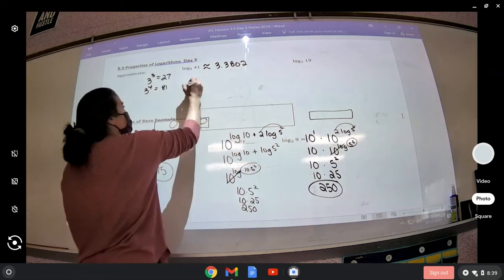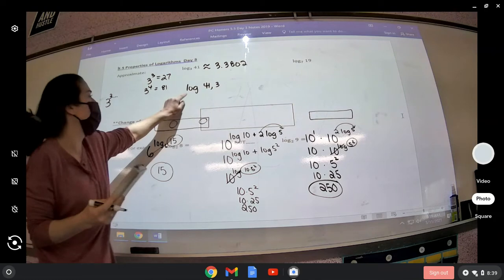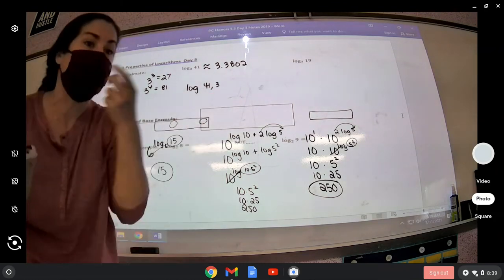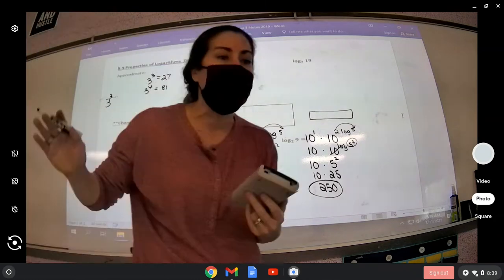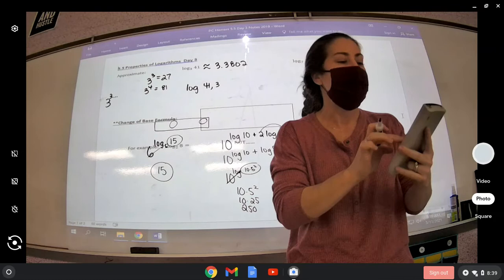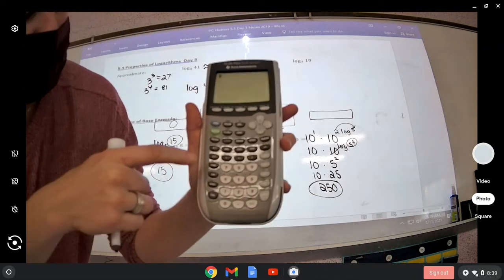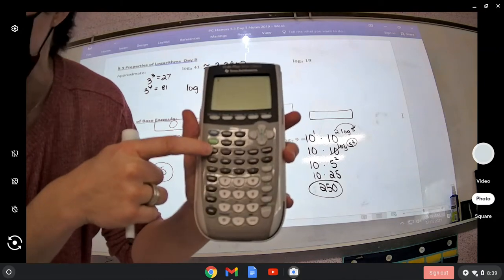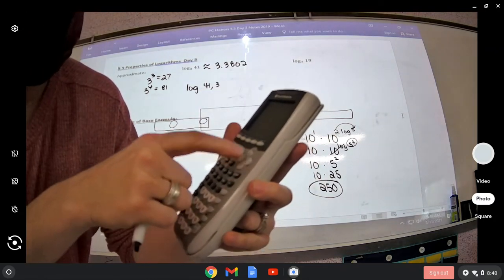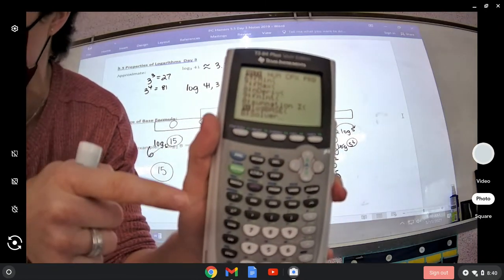So again, if you just hit log 41, comma 3, it's going to take the log of 41 with a base of 3. Your graphing calculator is programmed to do that. Like I said, a normal scientific calculator wouldn't be able to do a base 3 log. The other way your calculator can do this is if you go to the math button, and if you scroll down to the letter A, I believe, you actually have a log base option.